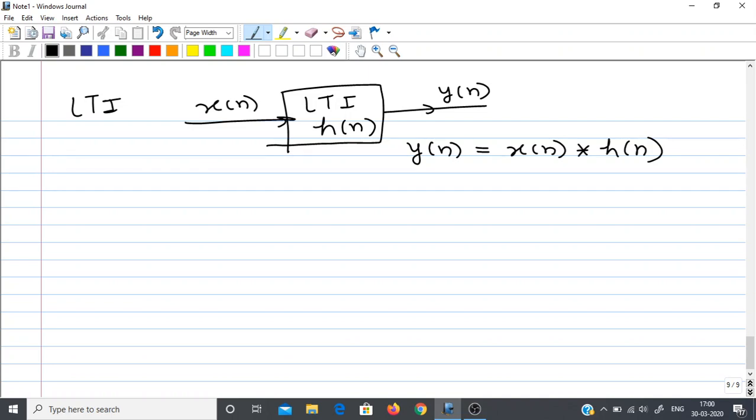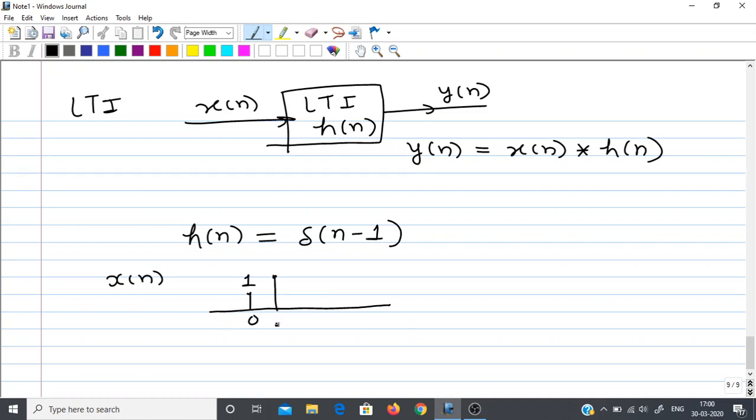For example, we just took the example of the unit delay system. For the unit delay system, the impulse response is given by delta[n - 1]. Now if I give you a sequence, let's say x[n] is the following sequence: it is 1 at 0, 2 at 1, and 3 at 2, and 0 elsewhere.